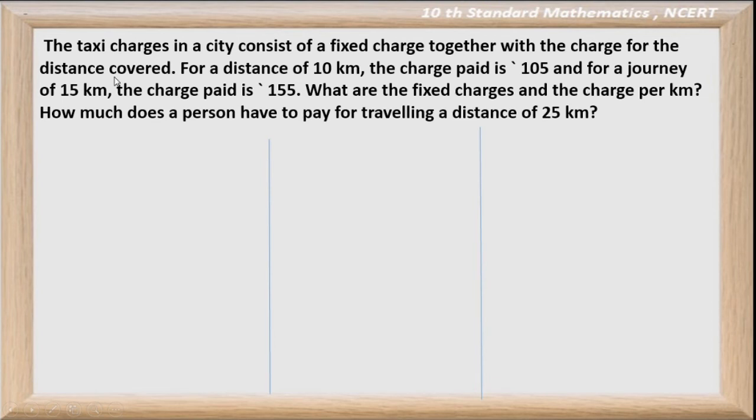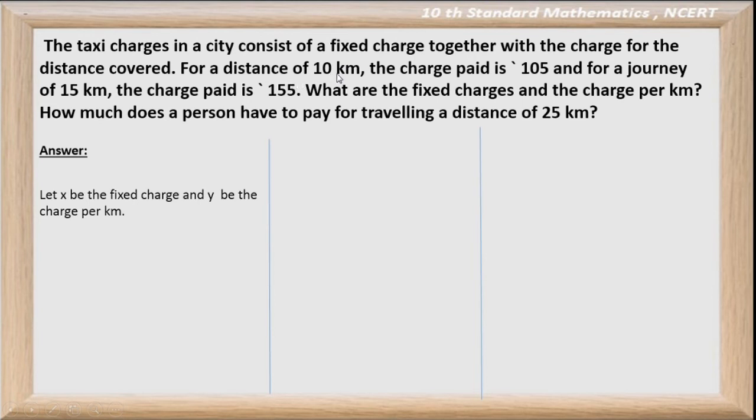First we have to make a pair of linear equations. See here, the taxi charges in a city consist of a fixed charge together with the charge for the distance covered. They are charging fixed charge plus charge for distance covered. For a distance of 10 km, they are charging 105. That means we can consider that fixed charge be x and y be the charge per kilometer.